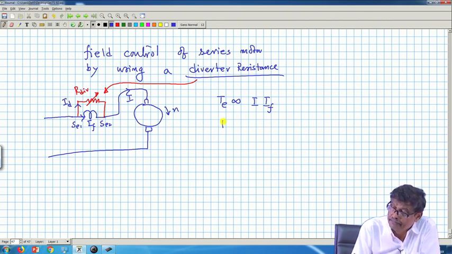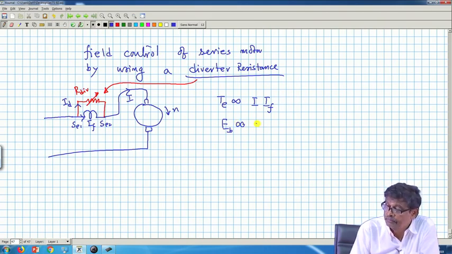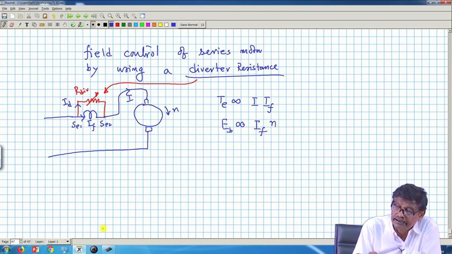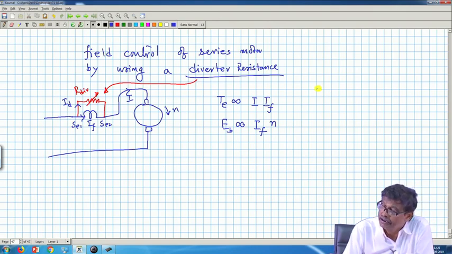And the back EMF should also be carefully written, it is proportional to the field current IF. And how are IF and IA related?